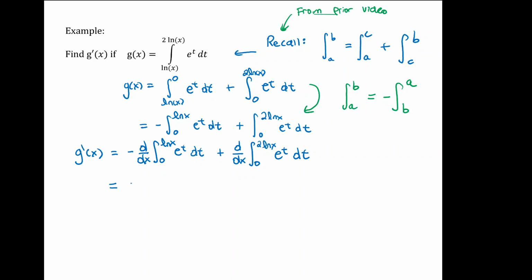So here we'll have e to the ln of x multiplied by the derivative of ln of x, which is 1 over x. Oh, forgot the minus sign. Plus e to the 2 ln of x times the derivative of 2 ln of x, which is 2 over x. And that was from FTC.